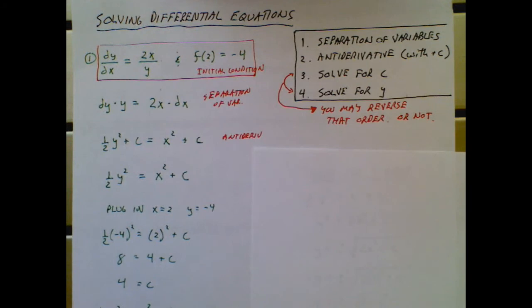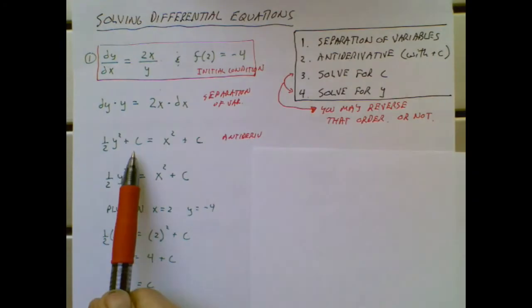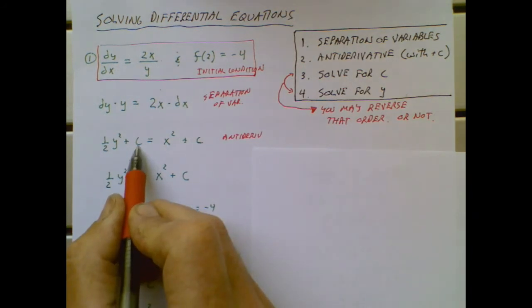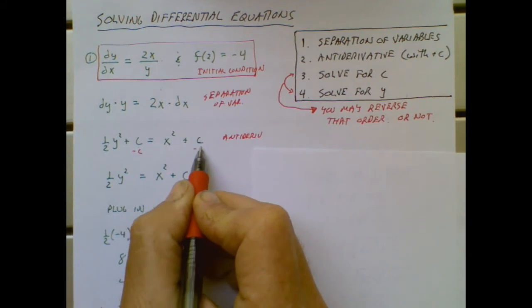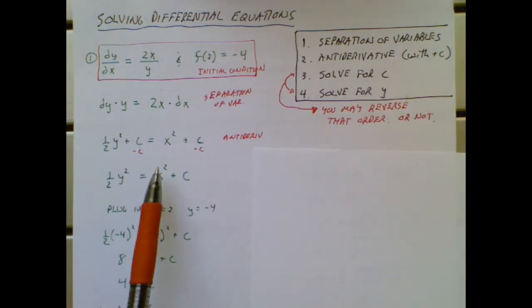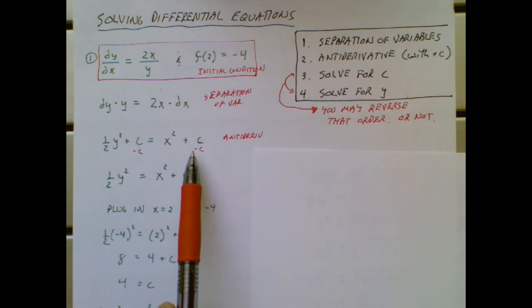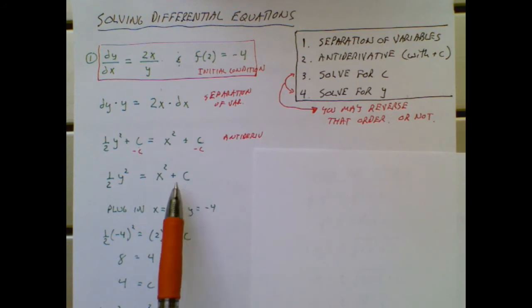This plus c is going to make you a little bit angry here. C is just a number. So if I take this c and combine it with this c, I've done this in the algebra world. Well, a number minus another number is still just a number. So I still have a c here.